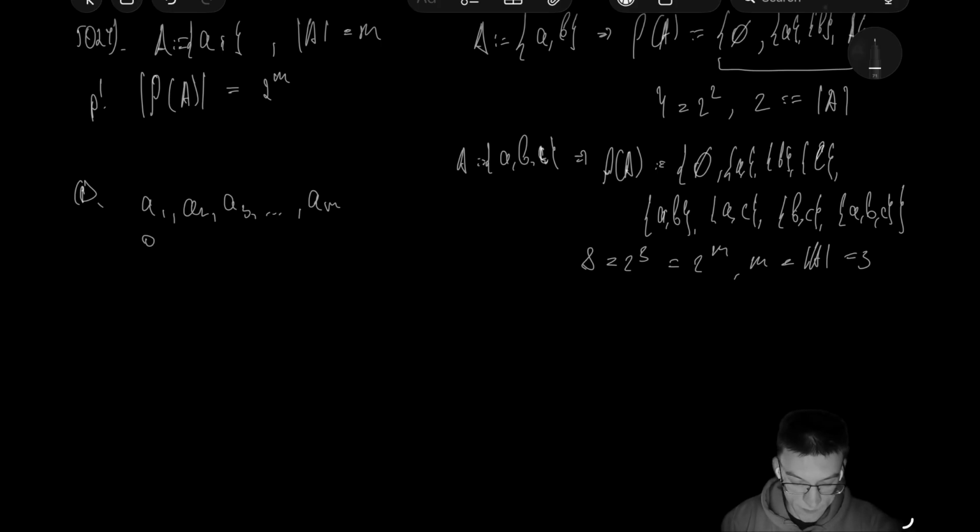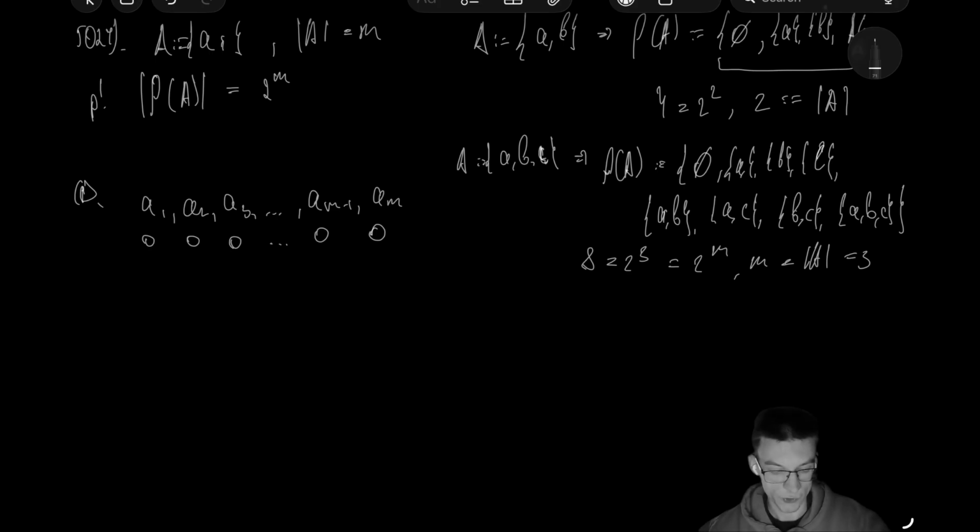And then I'm going to denote the zeros here, and add A(m-1) as well: 0, 0, 0 until 0 and 0. 0 means we do not include this element, and 1 means that we include this element. So we have m cells, and each cell can have one of 2 possible states: 0 when we omit this element, and 1 when we include this element.